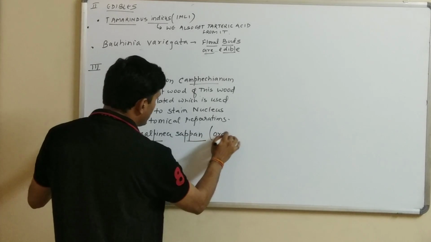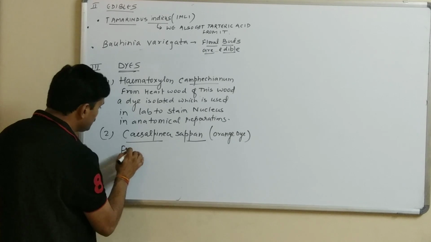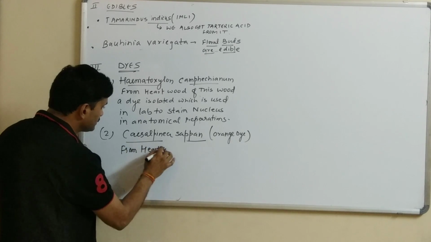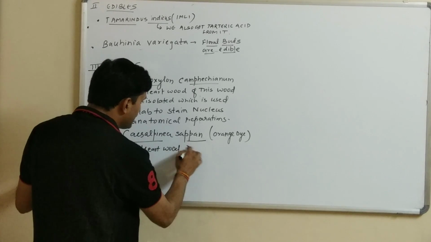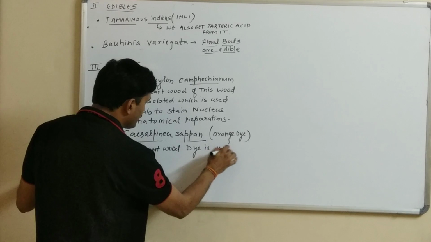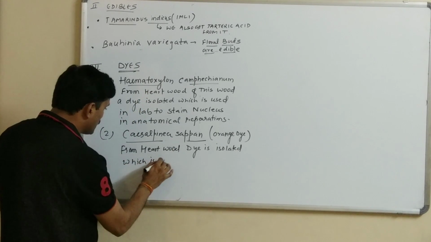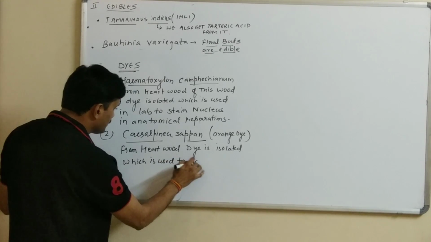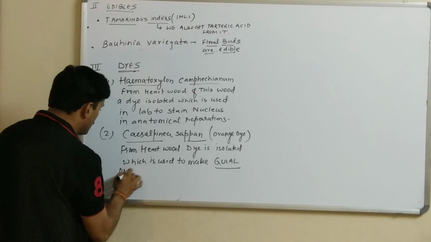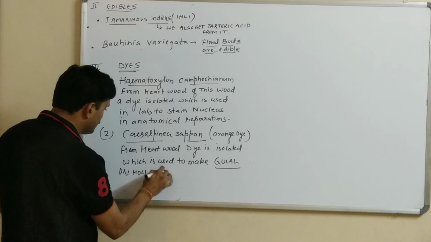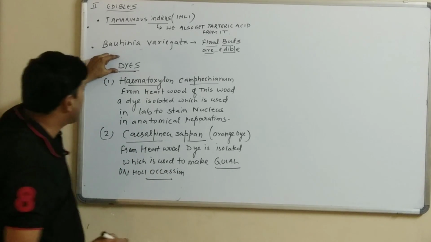An orange dye is isolated from its heartwood, which is used to make gulal on the occasion of Holi. So this is also one use. That is known as the dyes.